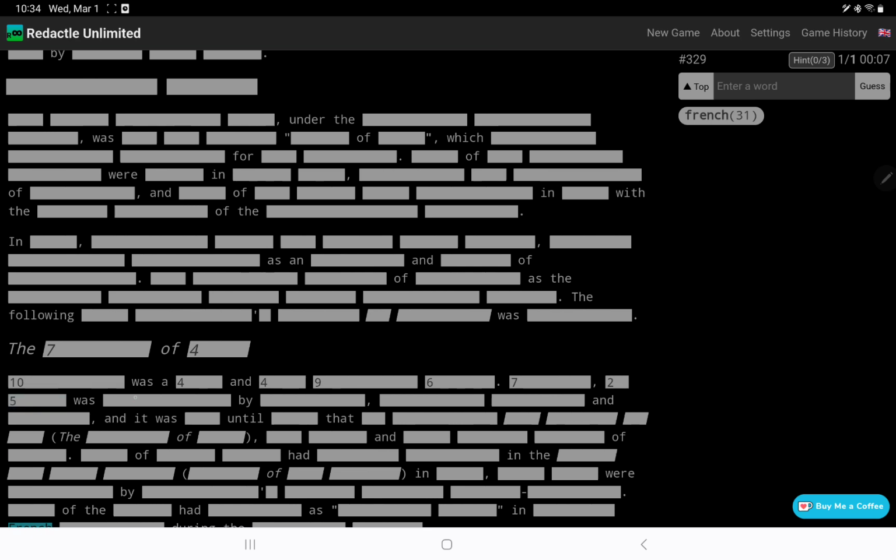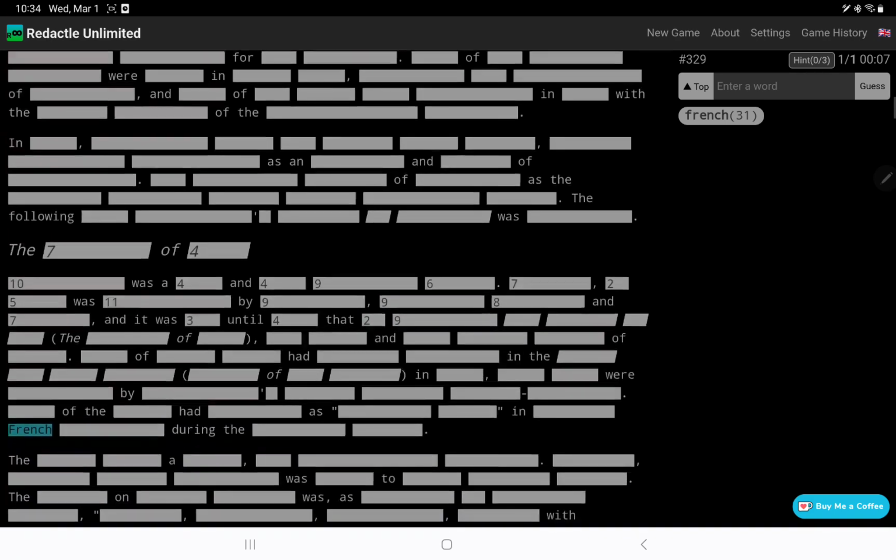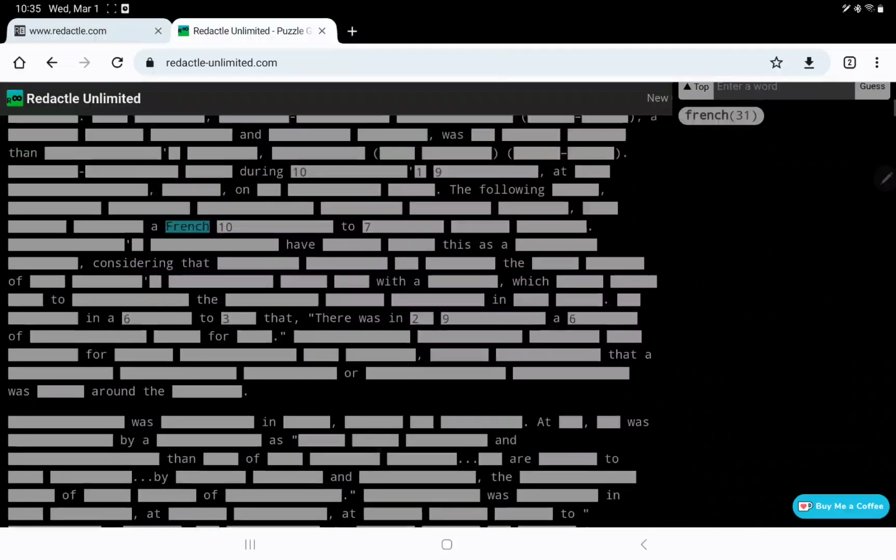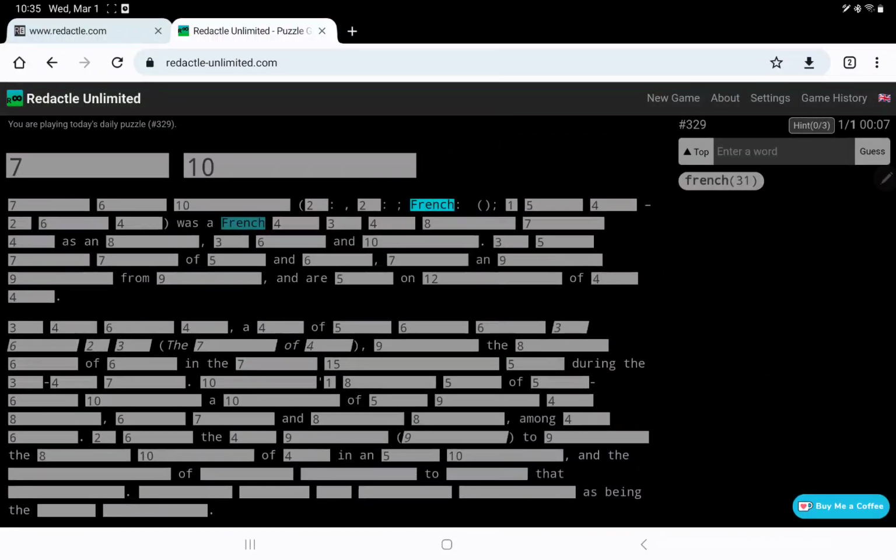However, 2, 5 was 11 by 9. 9, 8 and something, and it was not until some year that 2, so now I'm, 2 makes me think he, but I did think up here that it was she.